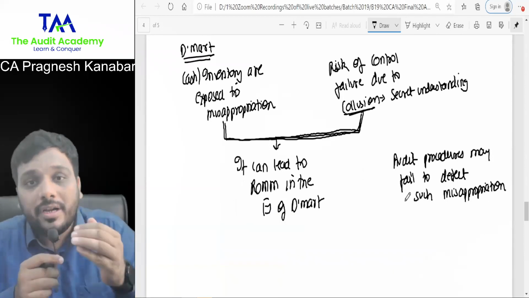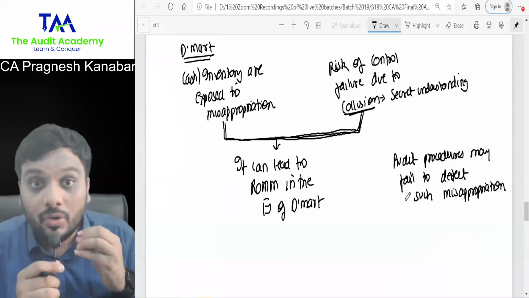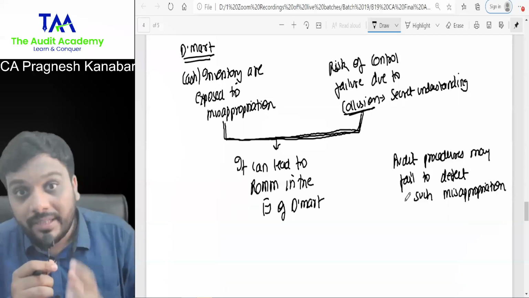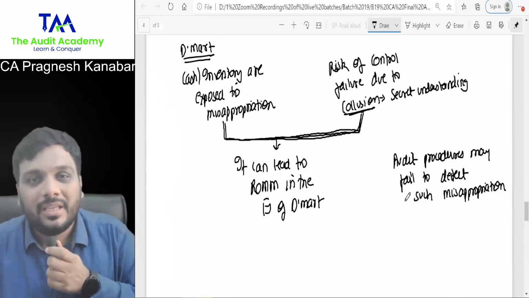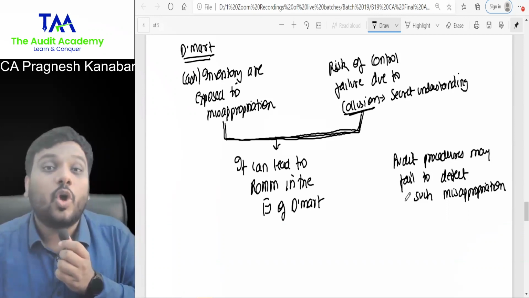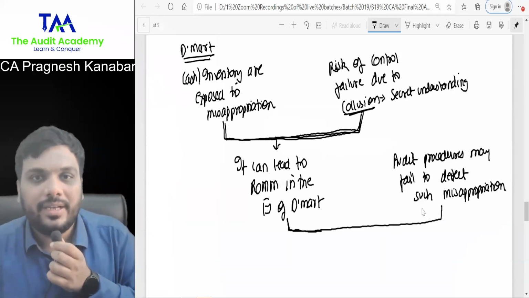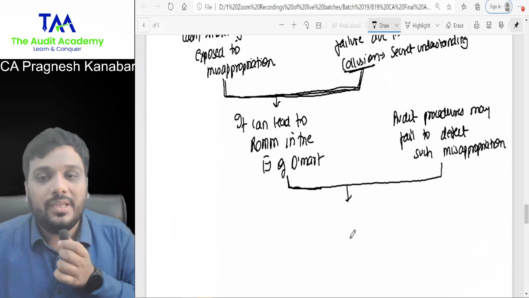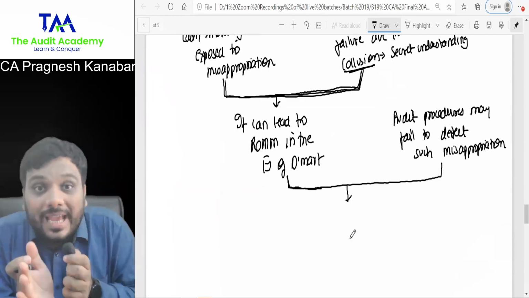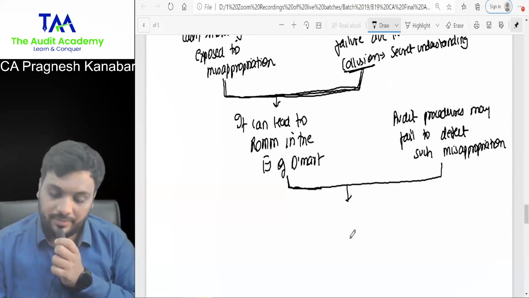Let us say if the auditor detects misappropriation, then finally things are still good. At least the auditor will be able to write in his audit report that, okay, boss, there was so much amount of misstatement and so on. But tell me, finally, when will the audit report go wrong? When the misappropriation actually happened and the auditor fails to detect such misappropriation. So when these two things happen together, then the auditor will end up expressing an inappropriate opinion.